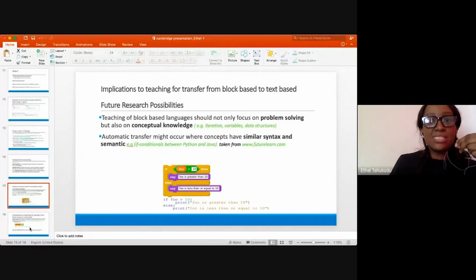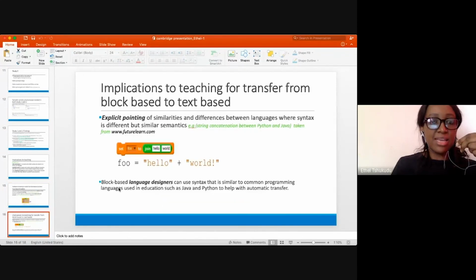And we can take advantage of automatic transfer by looking at similarities, like the if conditional there. And then students might be confused by things like this, where now we are using operators, there we are using words like join. So we need to be explicit about explaining them.